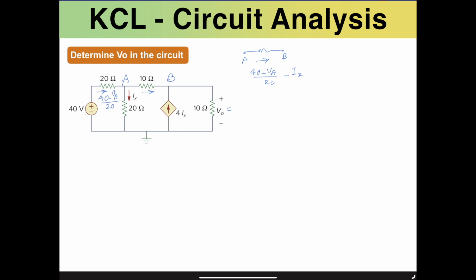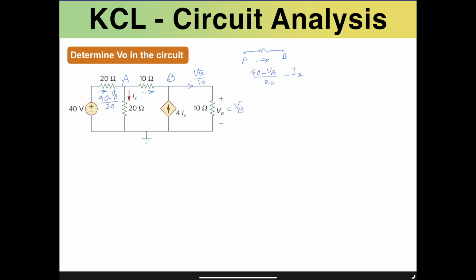We can write VO equals VB. The current passing through that is simply VB divided by 10. Since current flows from the positive terminal to the negative terminal, the current flow would be from top to bottom, in this direction, VB divided by 10.